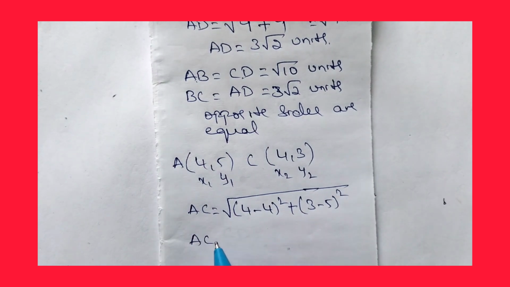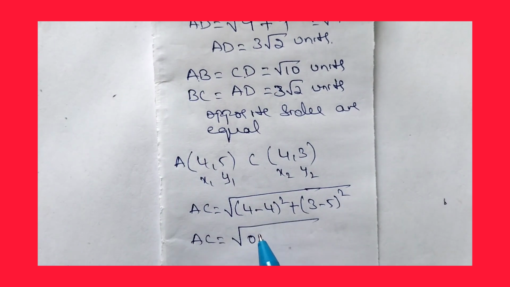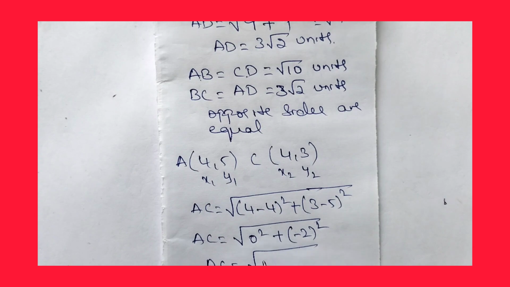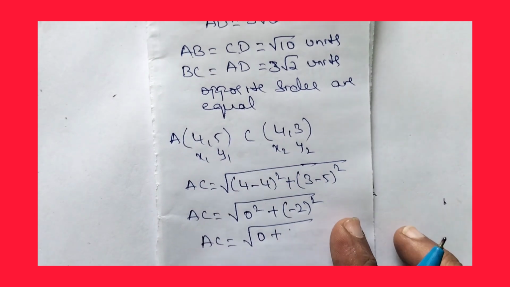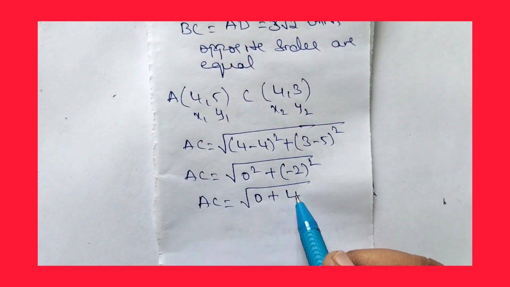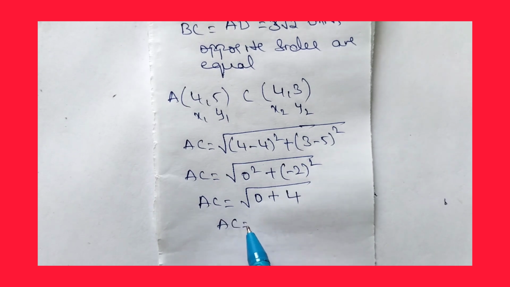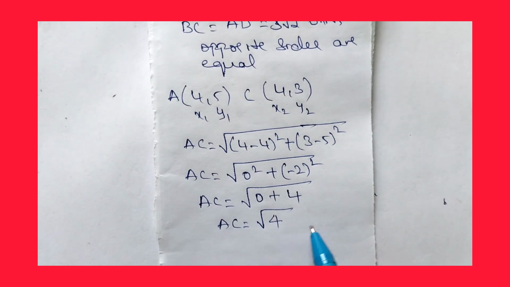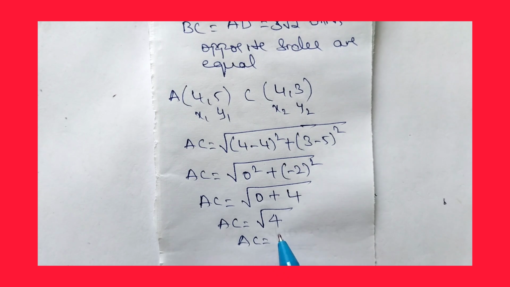So AC is equal to square root of 0 square plus (minus 2) whole square, which is 4. So AC is equal to square root of 4. Therefore AC is equal to 2 units.